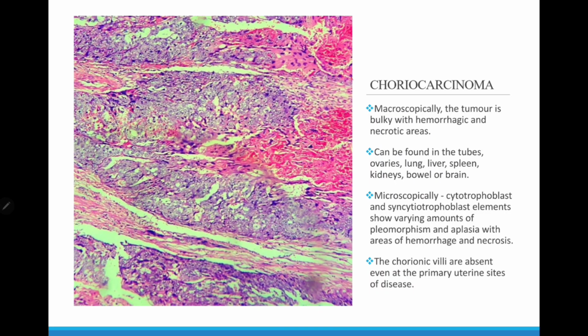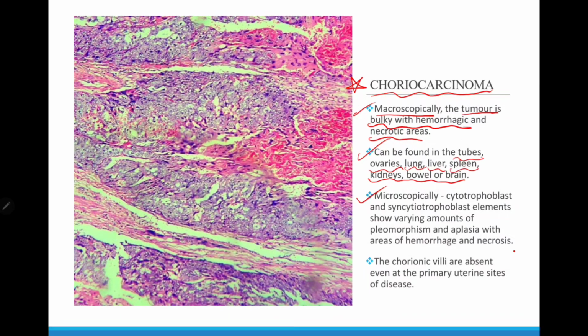Next, moving on to choriocarcinoma. Macroscopically, the tumor is bulky with hemorrhagic and necrotic areas. This choriocarcinoma can be found in tubes, ovaries, lung, liver, spleen, kidney, bowel or brain.